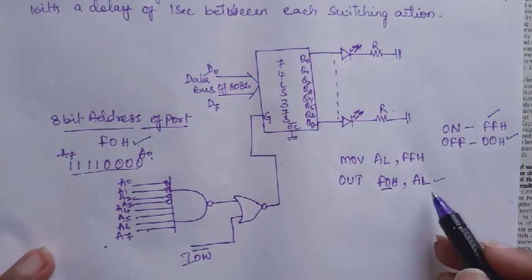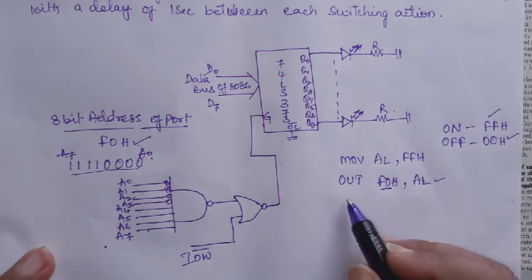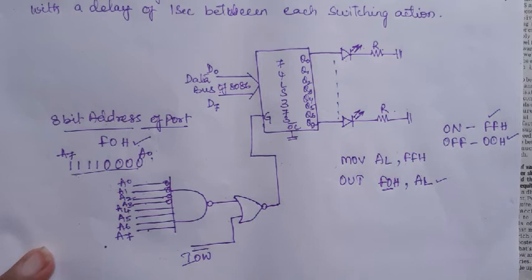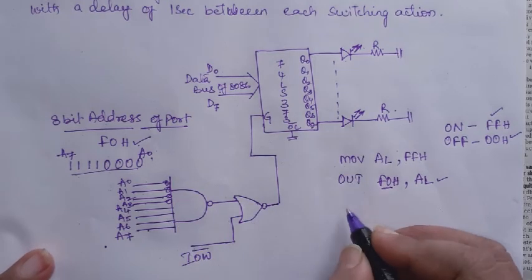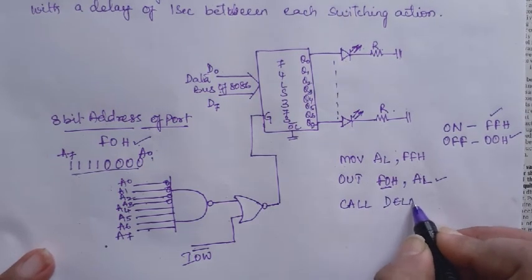Once they are on, I want the LEDs to be off again. If you just write 00H, you cannot make out when they are on and off, because the processor speed is so high. So you need a delay. It is asked to give a delay of 1 second so that it is visible to your eyes. So CALL delay.